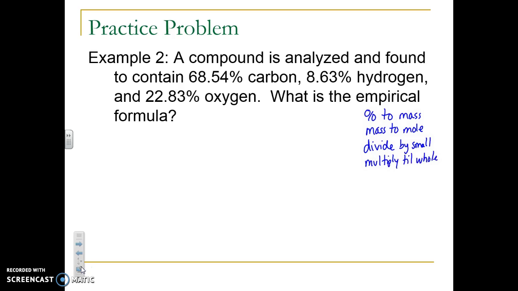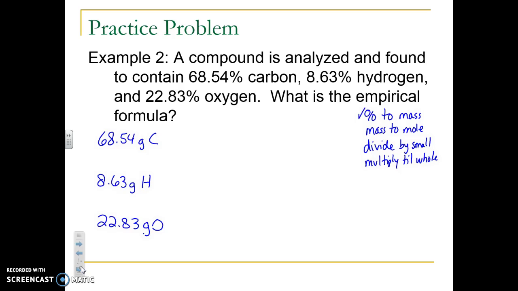Okay, so again, we start with percent to mass, which is just changing our percent sign to grams. So we have 68.54 grams of carbon, 8.63 grams of hydrogen, and 22.83 grams of oxygen.